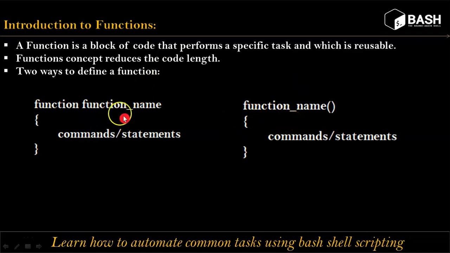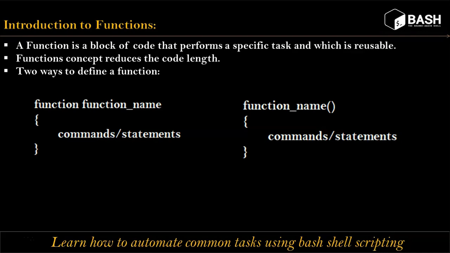But while defining a function name, you have to follow some rules. Those rules are exactly the same as the rules for defining the name of your variable. While defining a variable name, we followed some rules. Variable name should have only alphabets, maybe small or capital letters, and underscore and then digits. The same rules are applicable even for your function name. And a variable name should not start with a number.